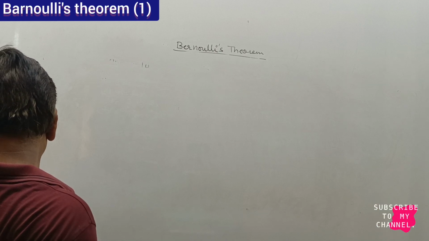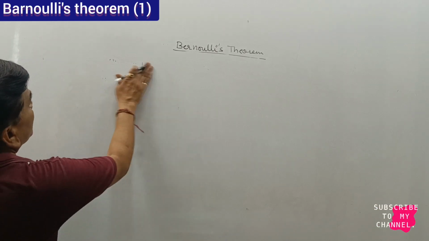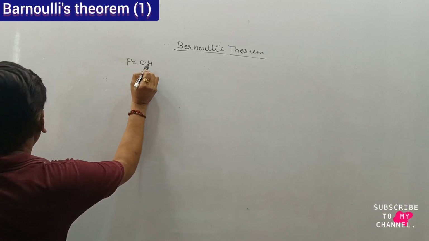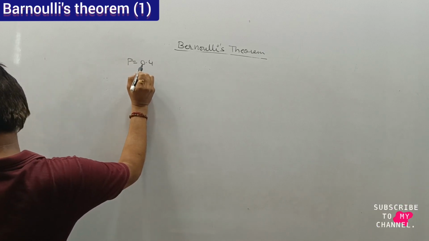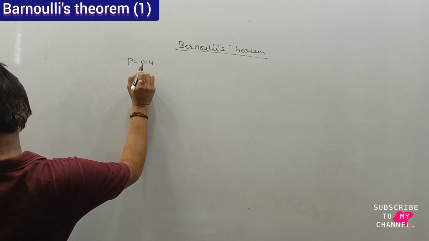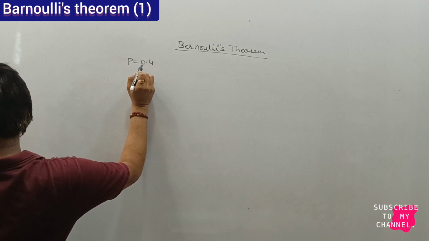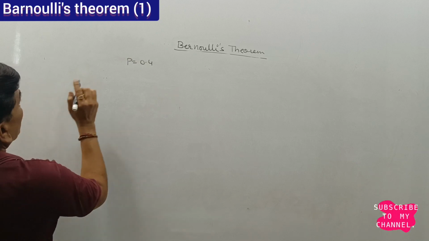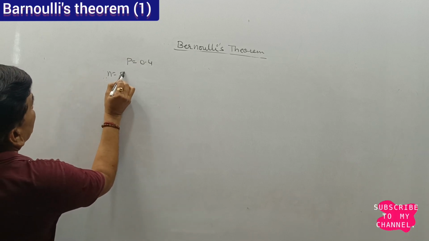The probability of a student graduating is 0.4. P is equal to 0.4. Total number of students is 5.